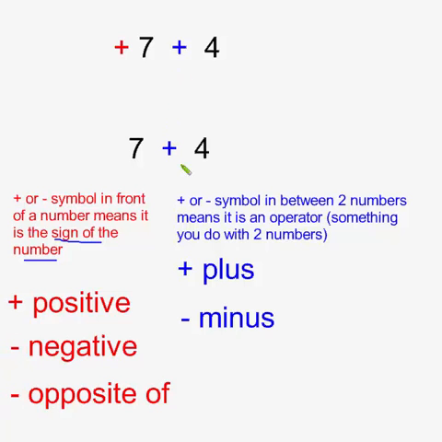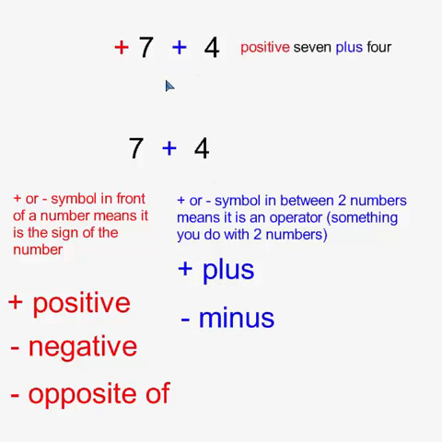If it's between two numbers and the symbol looks like this, you can use the word plus. If you have this symbol between two numbers, we will use the word minus. So for this example, because this is on the left of a number and not between numbers, we will read this as +7. This symbol being between two numbers looks like this, we will use the word plus. So this is +7 plus 4.